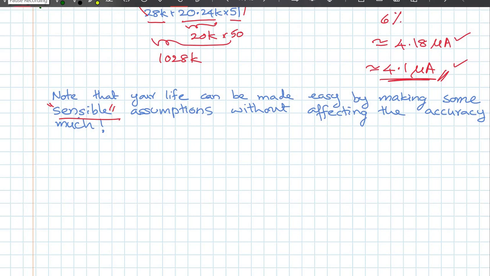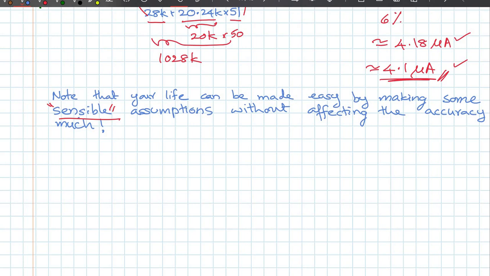Also, remember that resistors are 5% resistors most of the time, so by making these assumptions, we are not really compromising the accuracy. Even if you go with the nominal values of the resistors to find the exact value, it may not be correct. So the values that you get by making sensible assumptions are not really off by too much.